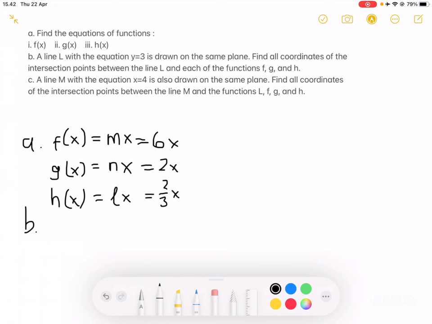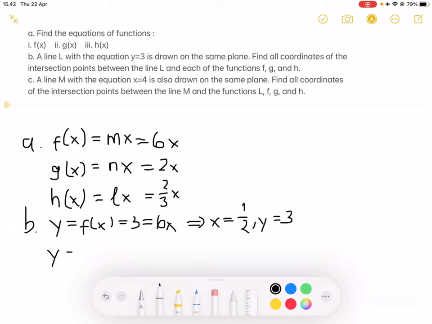So y is equal to f of x. It's equal to 3, and based on the definition of f of x, we have 6x. And that gives us x is equal to 1/2. And this is also pretty obvious that the y value is equal to 3.